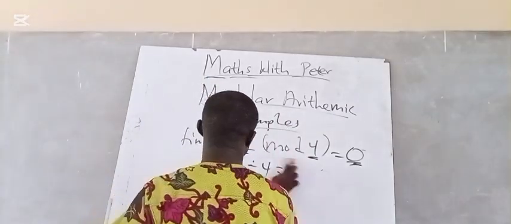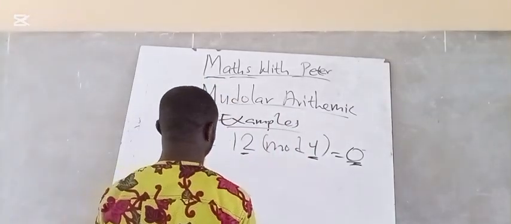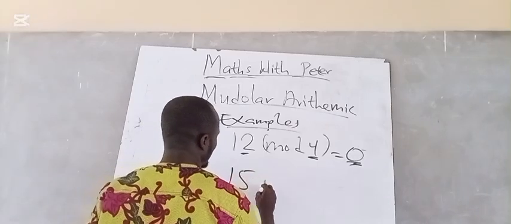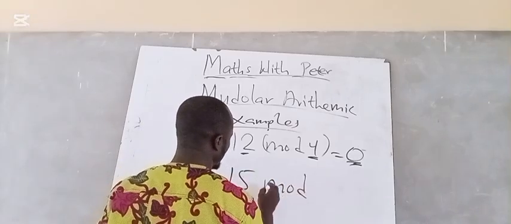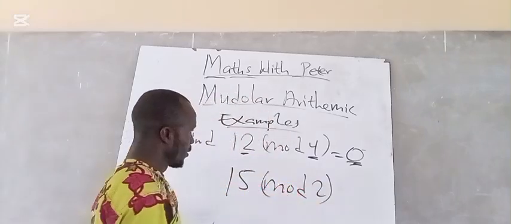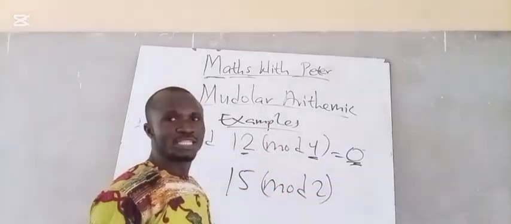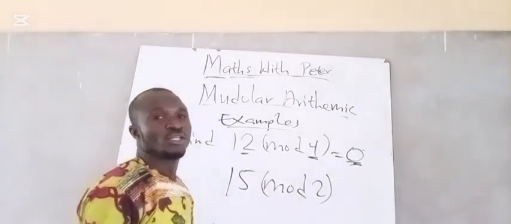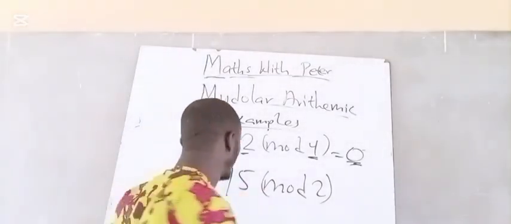So that's it. Another example. What will be 15 mod 2? With this concept also, we find out how many times 2 will go into 15. So 2 goes into 15 seven times.